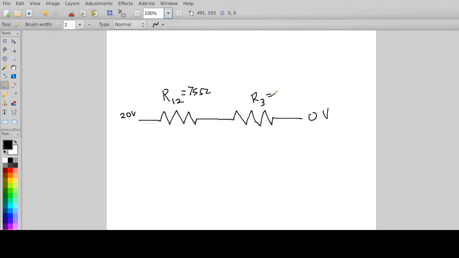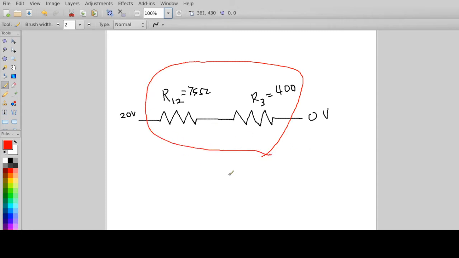And R3 is, what did I say it is? 400 ohms, okay? And now it's obvious that these two are in series. There's only two and they're one after the other. I'm going to call that effective resistance R123.